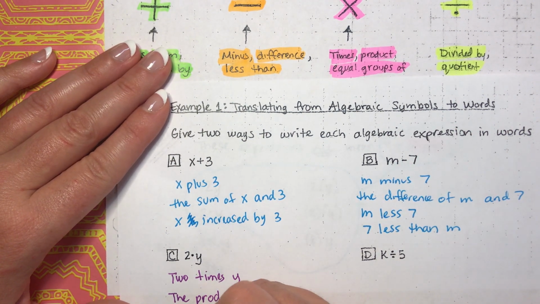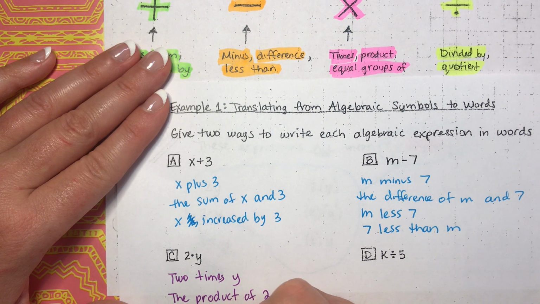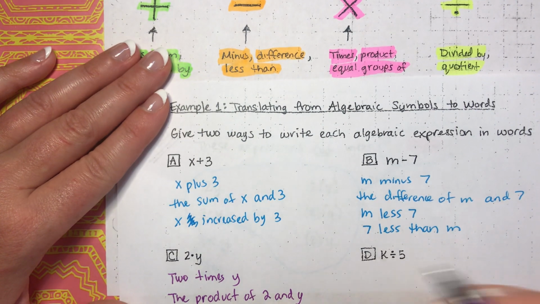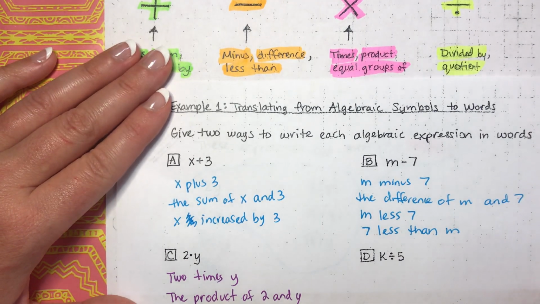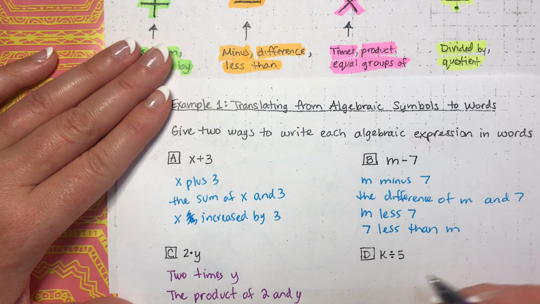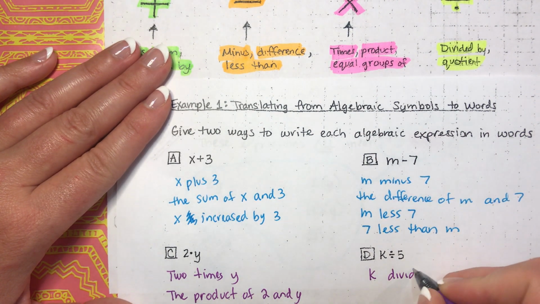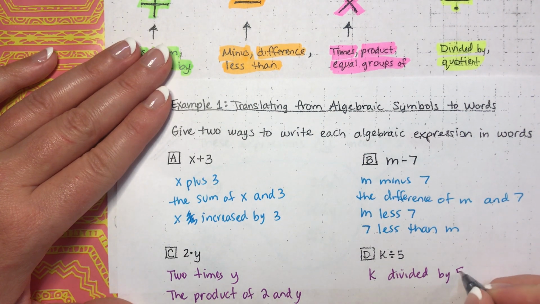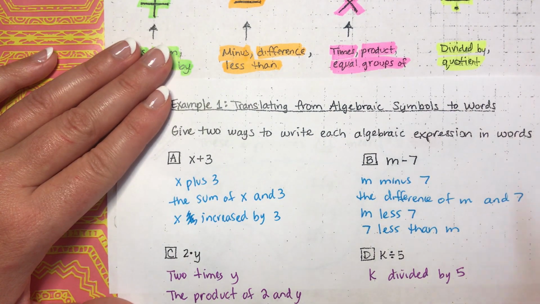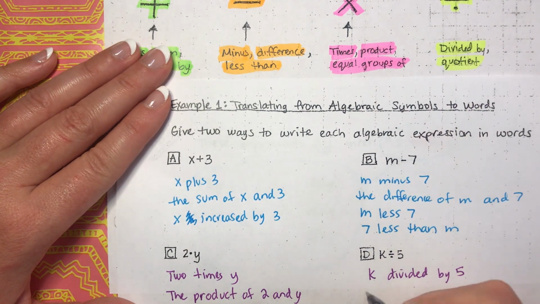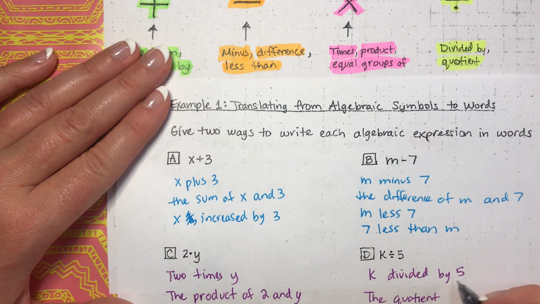Or we could say 2 equal groups of y. All right, let's move on here to D. So this is division, so we could say k divided by 5 with these keywords here. Or we could say the quotient of k and 5.